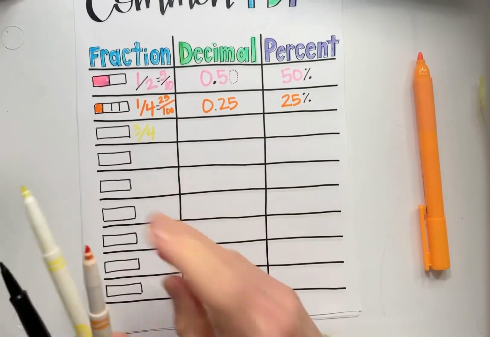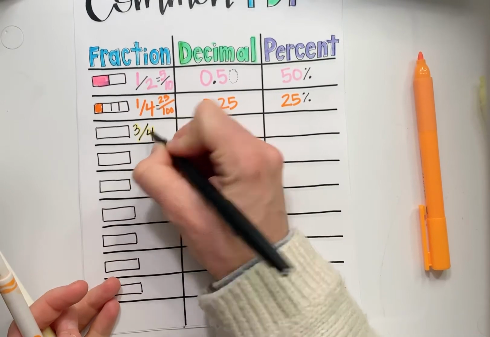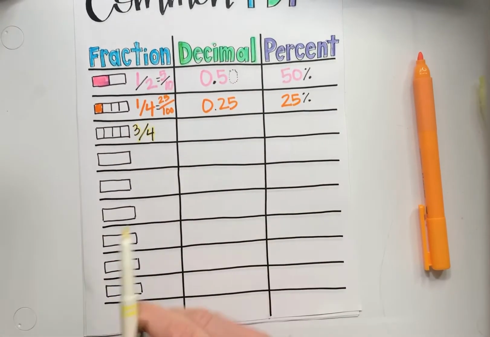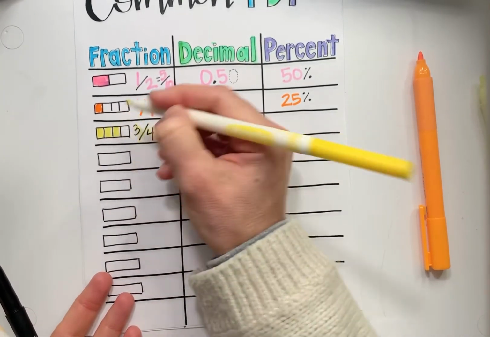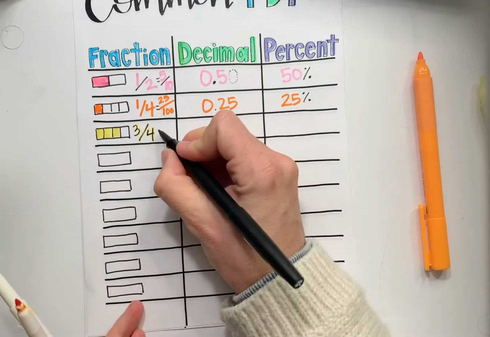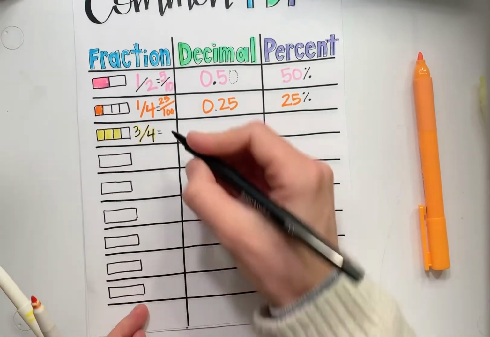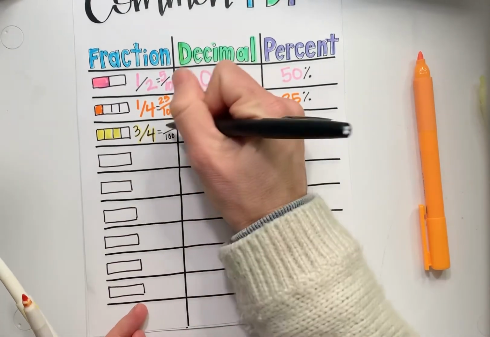Okay, so the next fractional value we have is going to be 3/4, and that's in yellow. You probably can't see it too well, so I'll do it in black over it. So 3/4. So again, I'm going to split it into fourths, and I want 3 out of the 4. So 1, 2, 3, it looks like this. And again, I can't convert my fourths to tenths, but I can convert it to hundredths because 4 goes into 100 evenly.